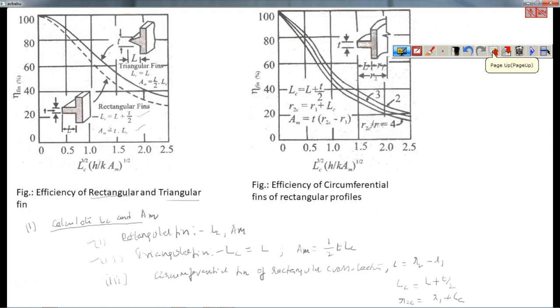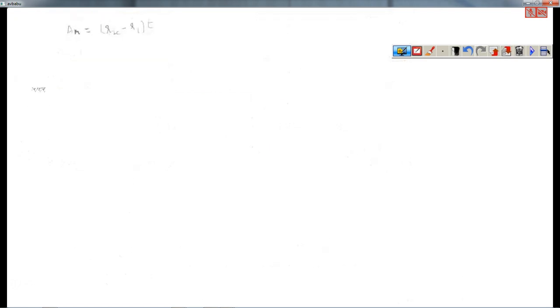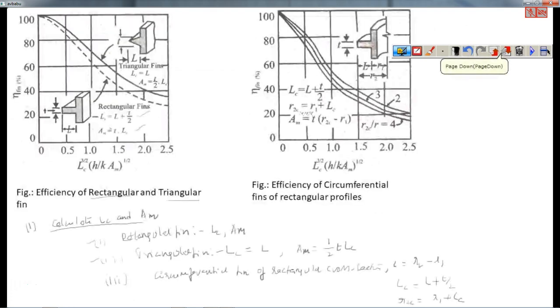Now, once you know this, for the case of a circumferential fin of rectangular cross section, you need to find out R2C by R1. Then you will get some value, and with the help of this value you can find out the efficiency. When R2C by R1 is equal to 4, you have to follow this graph. When it is equal to 3, you follow this graph.